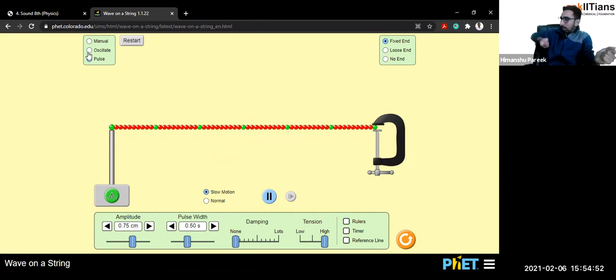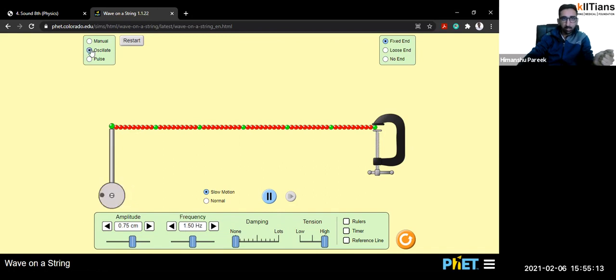When I produce a certain jerk in the string, then the wave will be produced and it will travel forward. Similarly, you can see this part here: this is one end of the string, and the other end of the string is fixed over here.